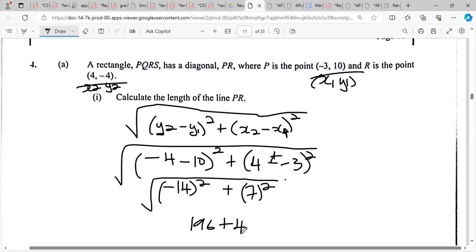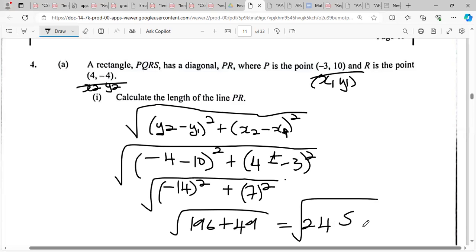Everything becomes positive when we square. So 196 plus 49 equals 245. So it's really the square root of 245, which will give us the length of the line.